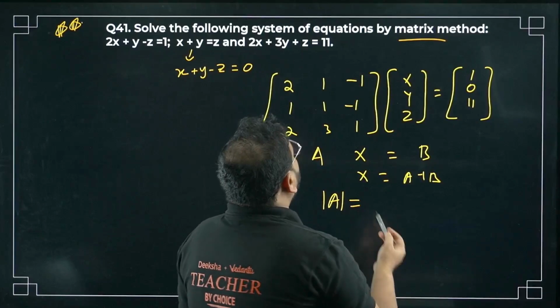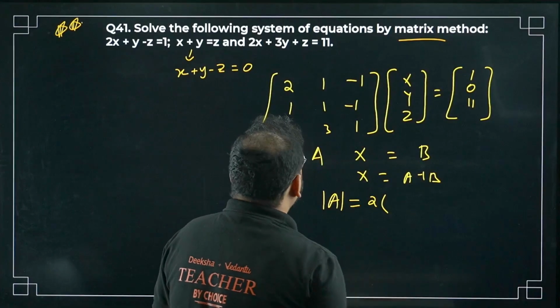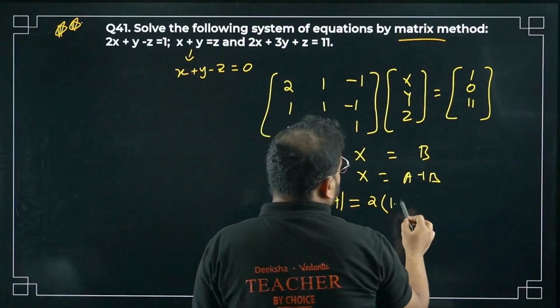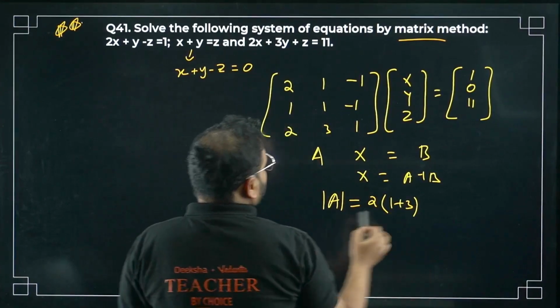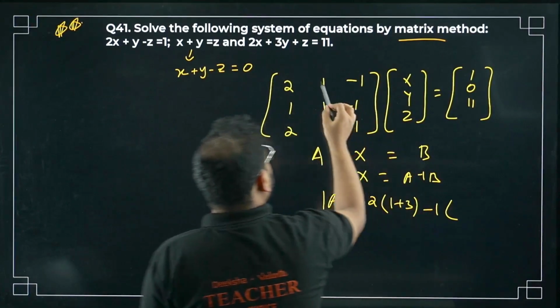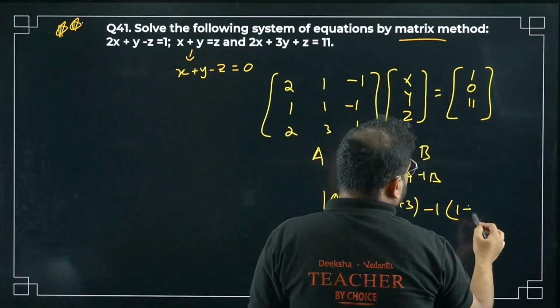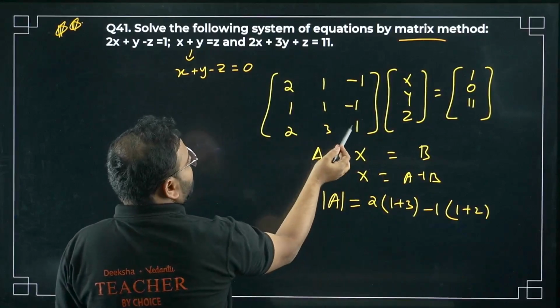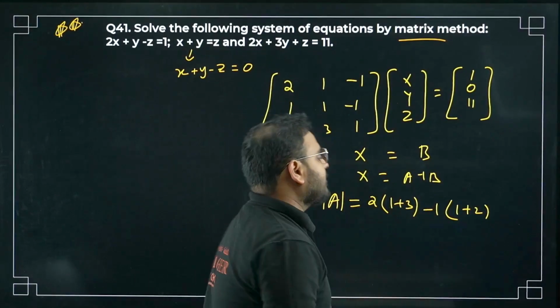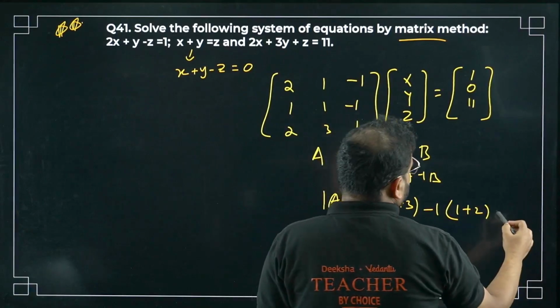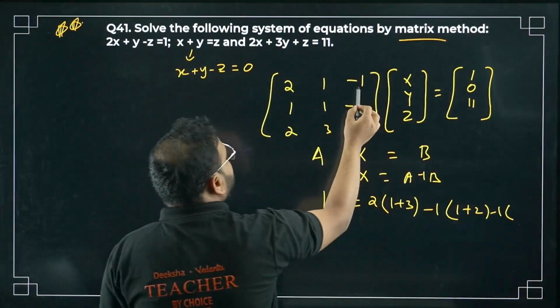So please check. You're going to get 2 times, sorry, determinant A, it will become 1 plus 3. And then you'll have minus 1 for the second element. This will get cancelled, 1 minus of minus 1, so we'll come again 1 plus 2, right? Please check. 1 into 1 is 1 and 2 into minus 1 is minus 2, plus 2, because again plus 2. For the last one we have minus 1 for this part.